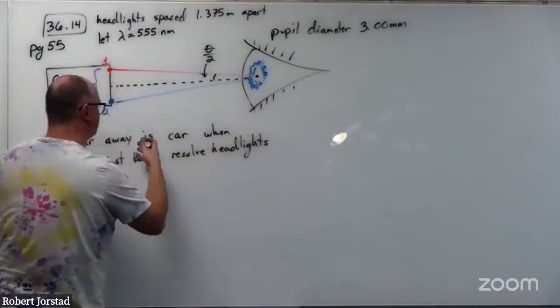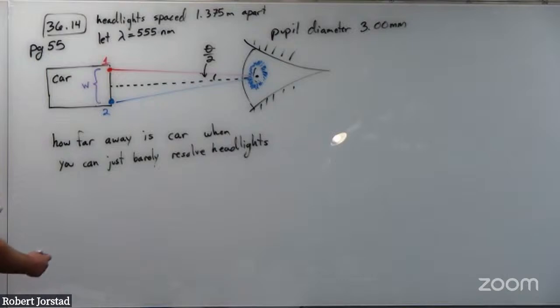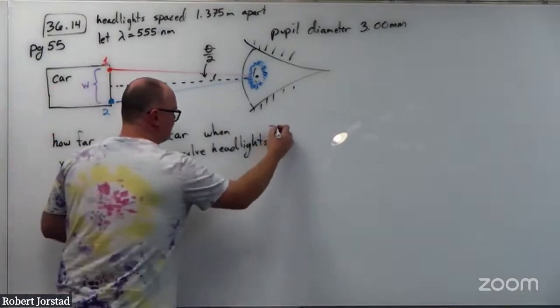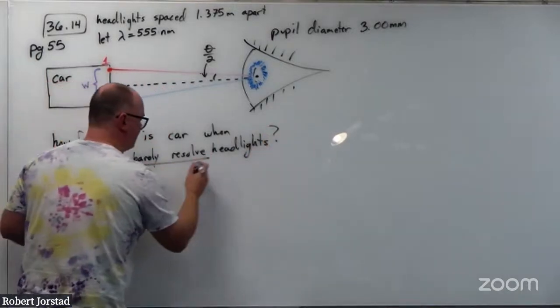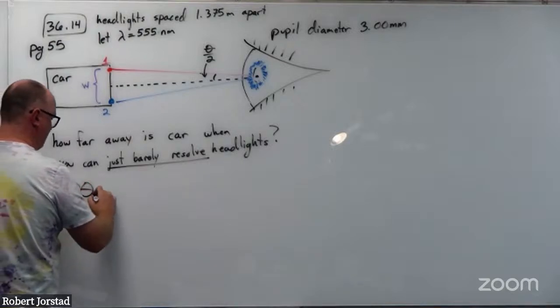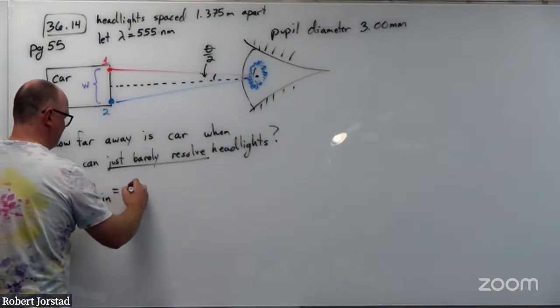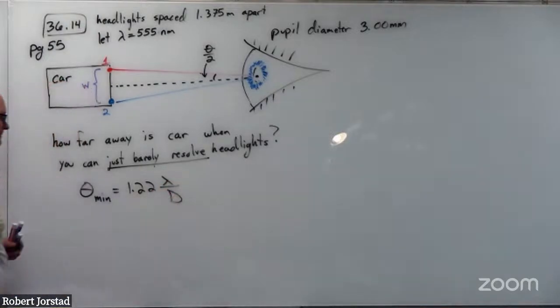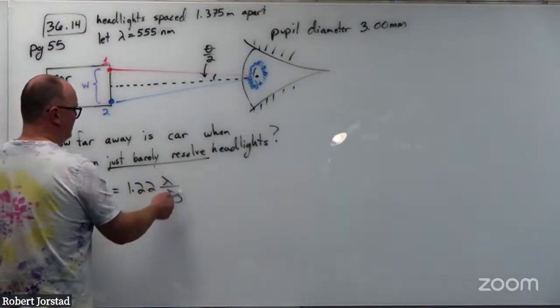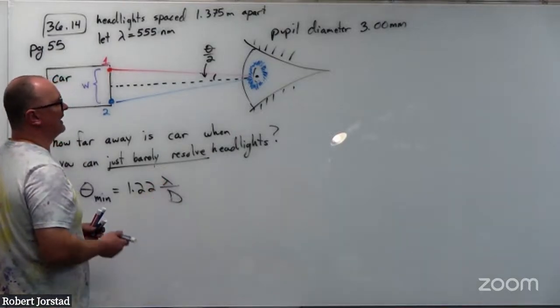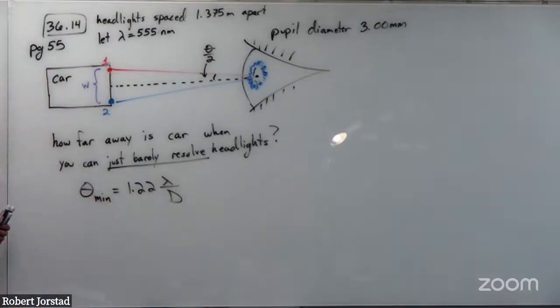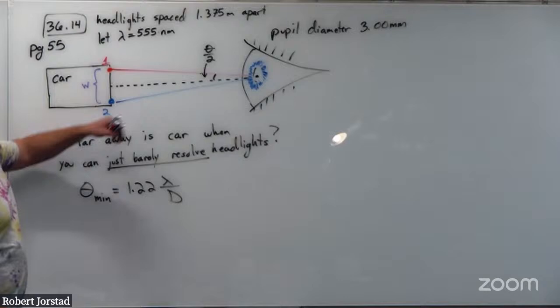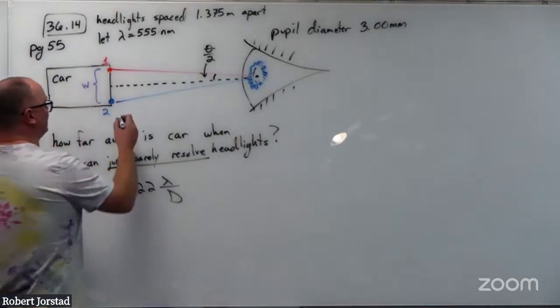How far away is the car when you can just barely resolve the headlights? So when you see this just barely resolve, you get this on your paper. Theta minimum equals 1.22 lambda over d. All right, so we know lambda and we know d. That's looking good, so we should be able to get theta minimum. But how do we relate theta minimum to this distance?